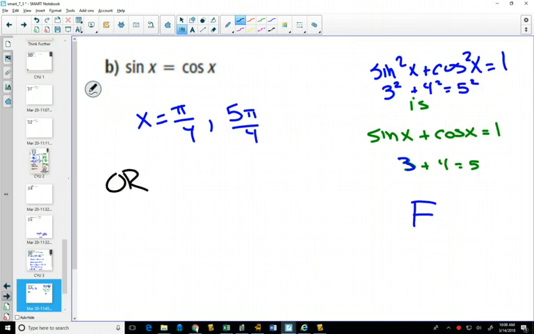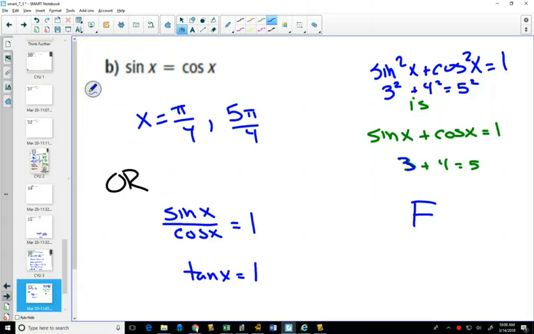Method 2, if I take this equation and divide both sides by cos, can you see that I would get this equation? Why is this helpful? Because sine over cos is tan.